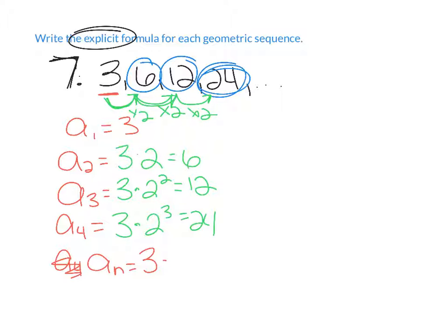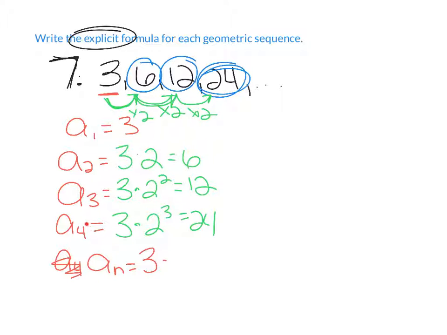No matter where you get in your sequence, you're going to have to take 3 times 2 times 2 times 2, however many times, depending on what term you're looking for. In this case, I'm looking for a sub n. So I know I'm going to start with 3, and then I'm going to multiply by 2 one less time than the term number I'm looking for.